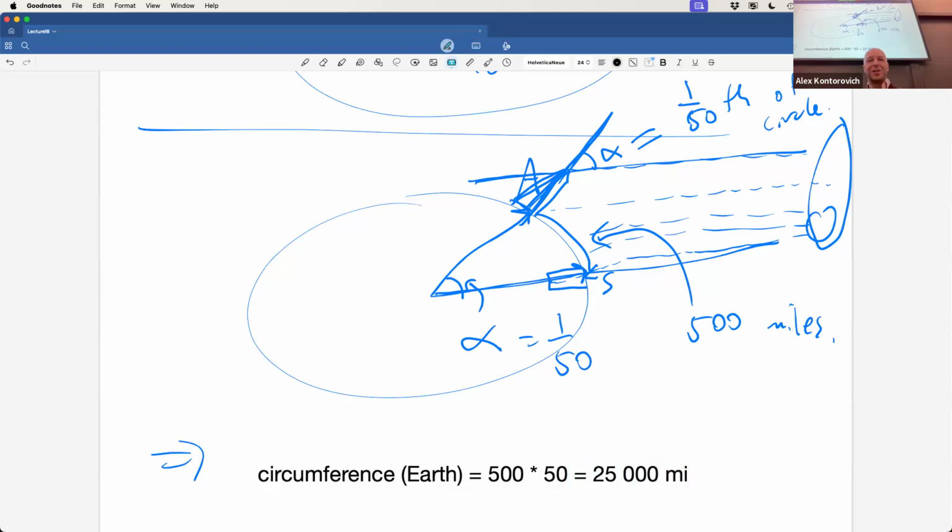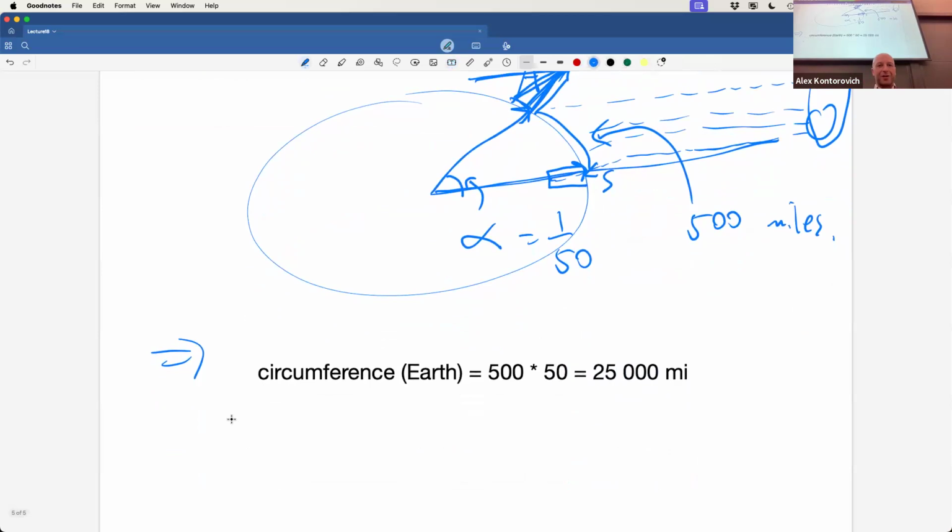Everybody see that? So if that's the circumference, what's the diameter of the Earth? What's the ratio of circumference to diameter? On any circle? Pi.